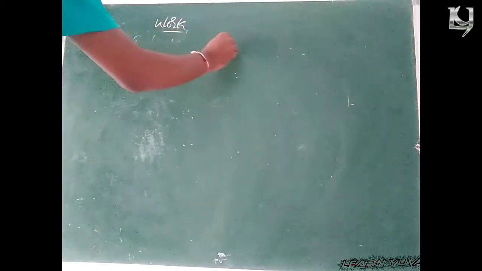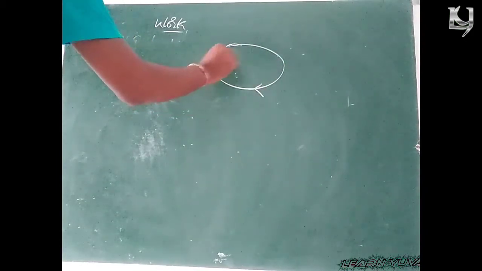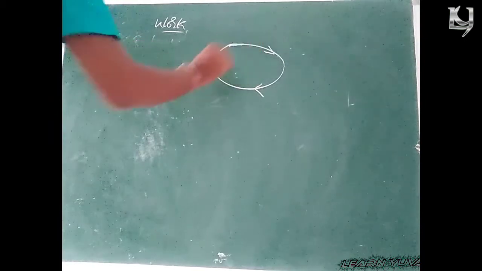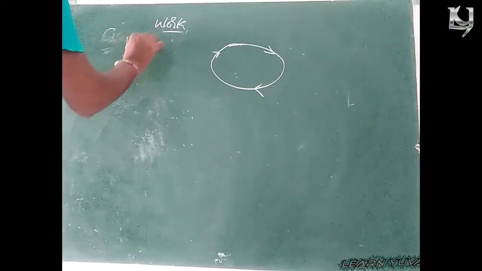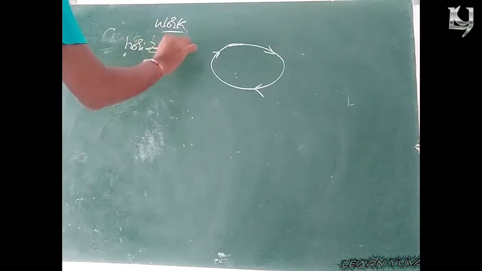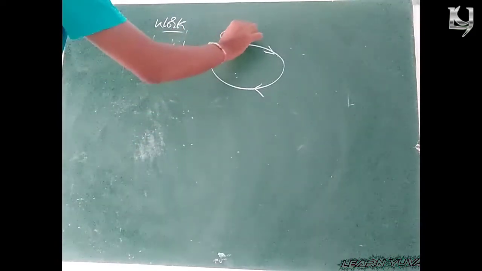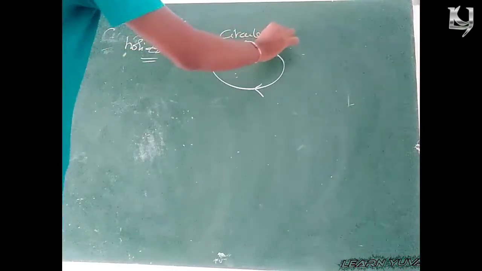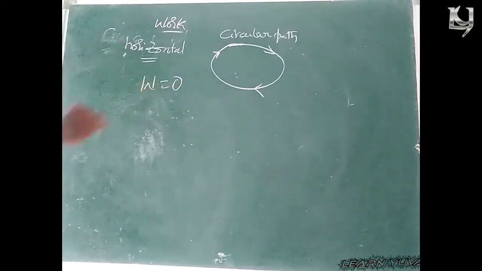That means whenever the body moves in a circular path in the horizontal direction, then the work done is 0.